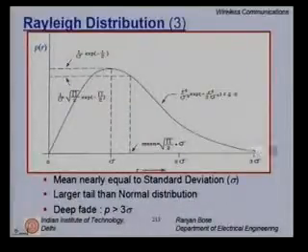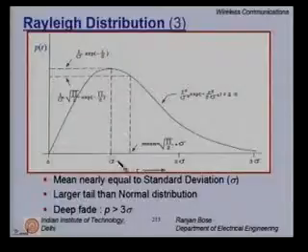The tail is much larger than the normal, the Gaussian distribution. The spread is much larger. And we can say that you are in a deep fade when r is greater than 3 sigma. So, there is a mean value here given by root pi by 2 sigma, and this is the standard deviation sigma, fairly close. It is a very slowly falling tail.